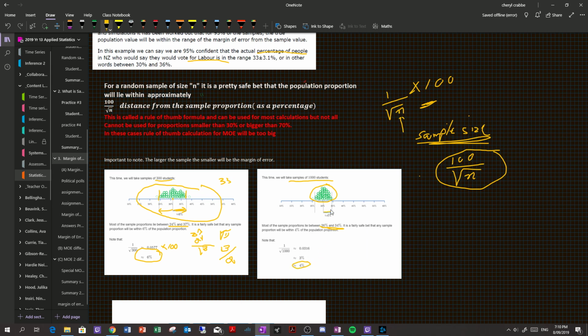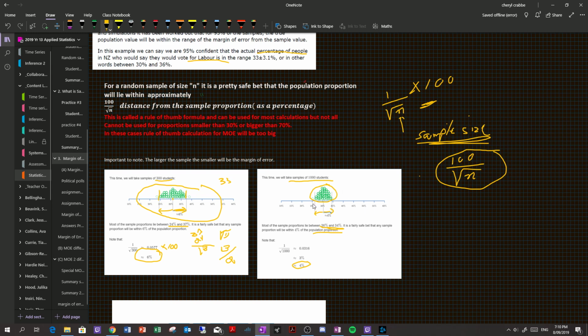So basically we're saying that our sample is going to fall somewhere around 33%, plus that 4% or minus that 4%. So we're about 95% confident that the sample parameters will fall within 4% of what's actually going on back in the population.